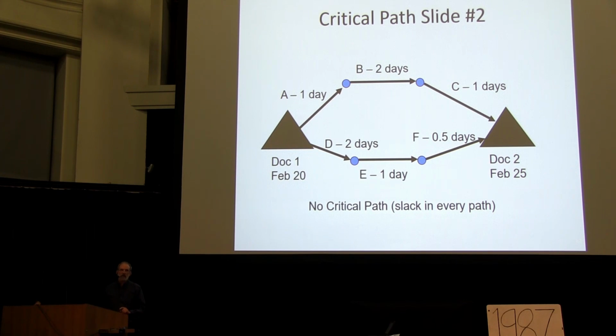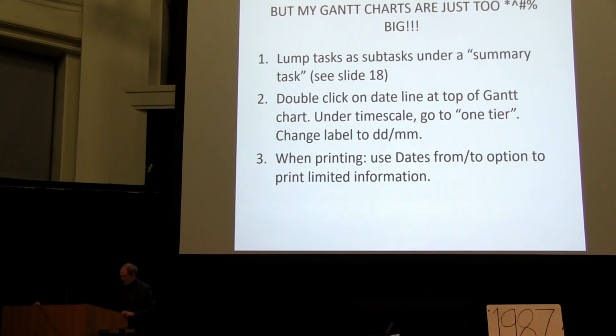Number two is that these Gantt charts will go over a long period of time, and you'll find that they get gigantic, and if you try to fit them all on a page, the print is microscopic. So what do you do? You lump tasks as subtasks, and we looked at that. You can double-click in Microsoft Project and other things.